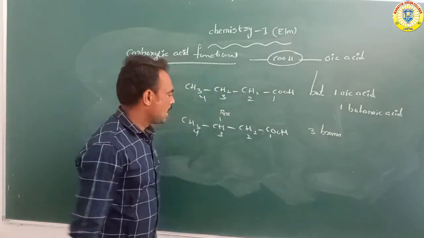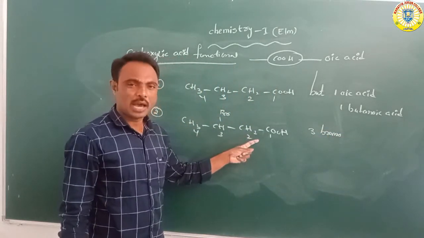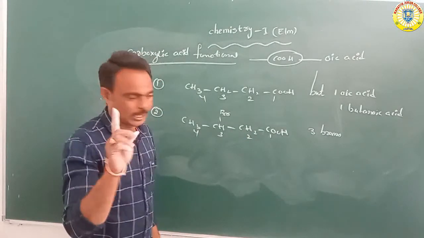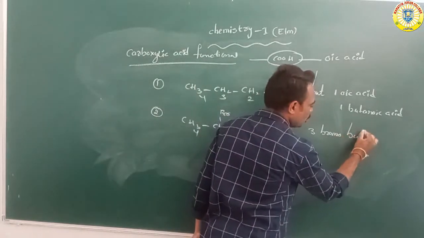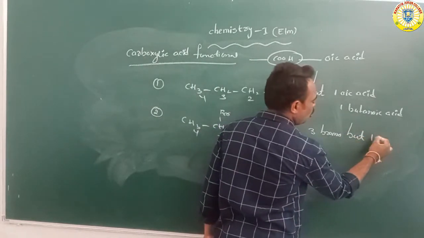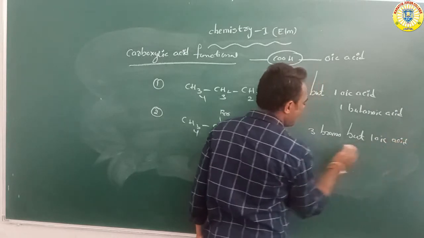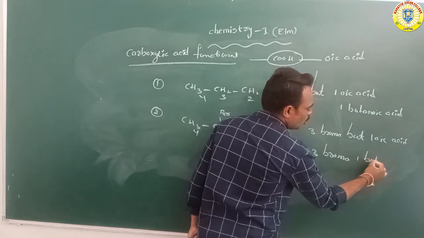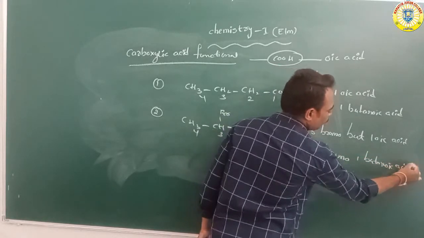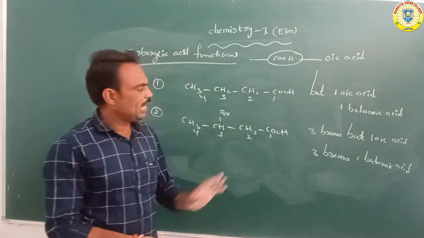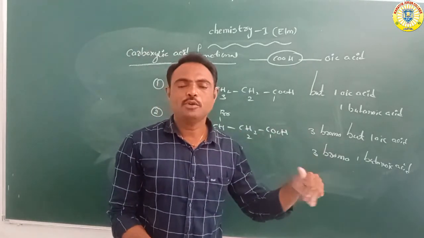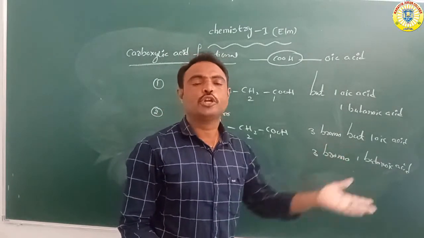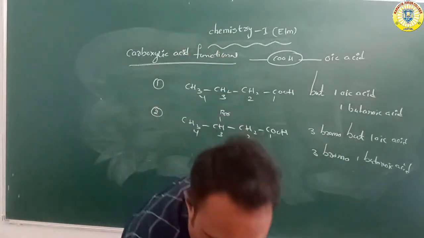And how many carbons? 4 carbons means but. So 3-bromobut-1-oic acid, or 3-bromo-1-butanoic acid. Okay.